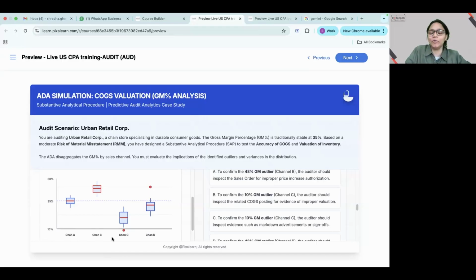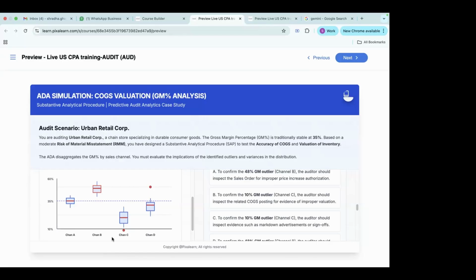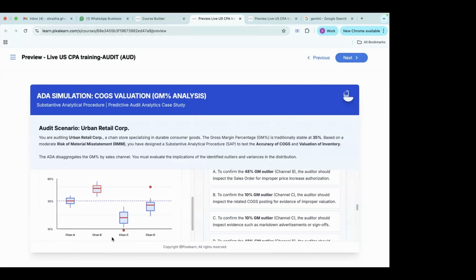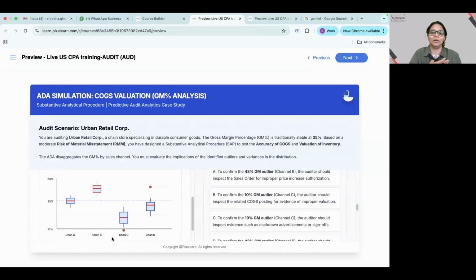I'm saying as an auditor, what have you done, Vishnu? As an auditor, you have looked at sales and then you have anticipated that your COGS should have been 65 if my sale is 100. Yes or no? And then you are comparing your actual COGS with your anticipated COGS. And that you are doing channel wise to understand where is the delta.